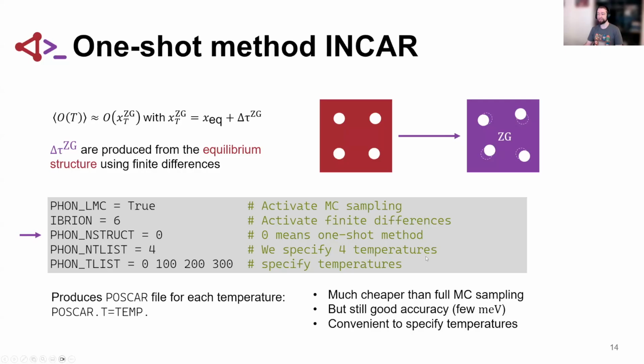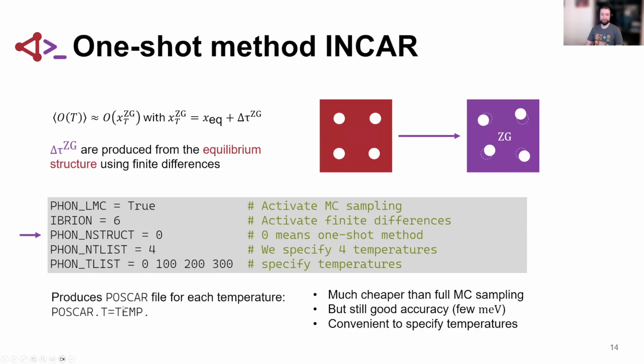And in addition, in this case, we can even conveniently specify multiple temperatures. So in this case, we choose 4 different temperatures, 0, 100, 200, and 300 Kelvin. And it will generate POSCAR files with the following format: POSCAR.T equals then the temperature.